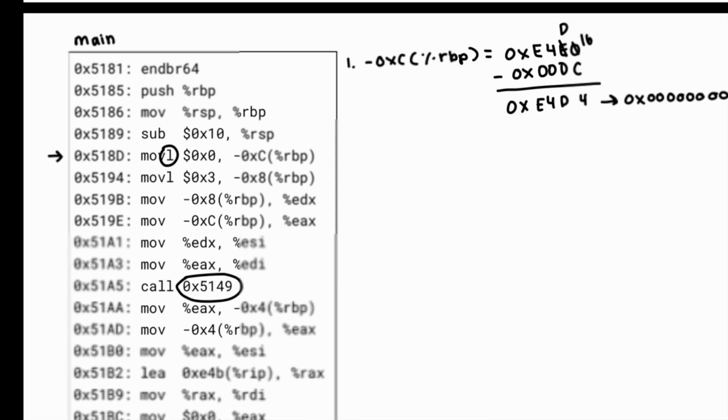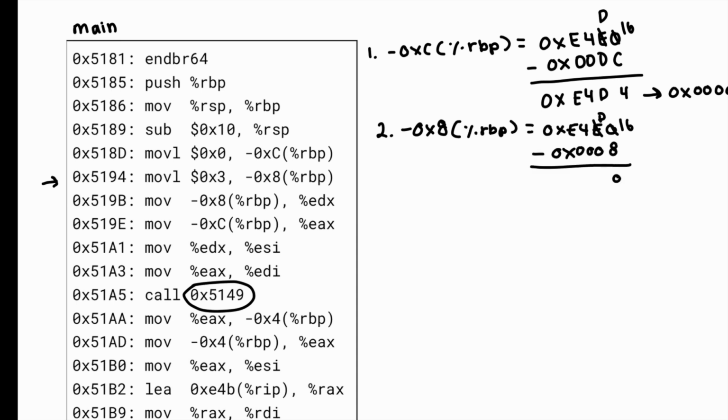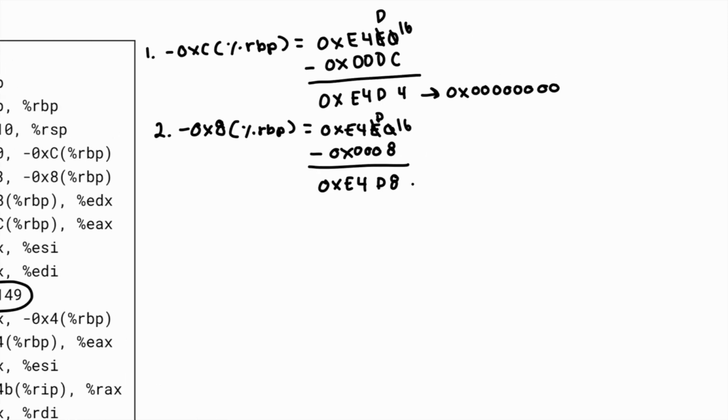Next instruction, moving 0x3 into -0x8(RBP). Let's calculate that address. 16 minus 8 is 8, so the address at -0x8 RBP is E4D8, and we're going to be moving 0x3 starting at that address. Remember, we're moving 4 bytes, so we have to pad with 0 for a total of 4 bytes. 1, 2, 3, 4.